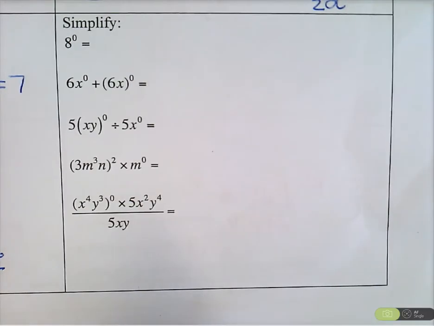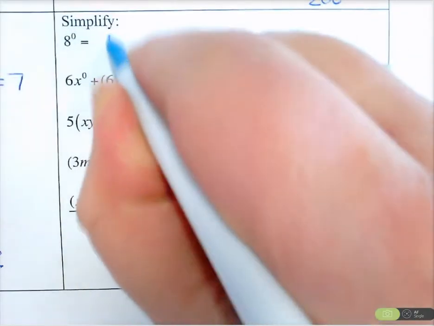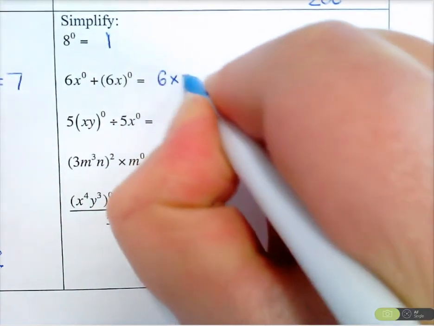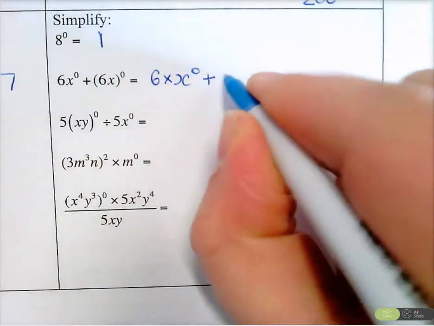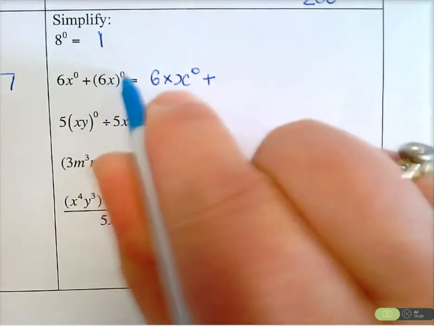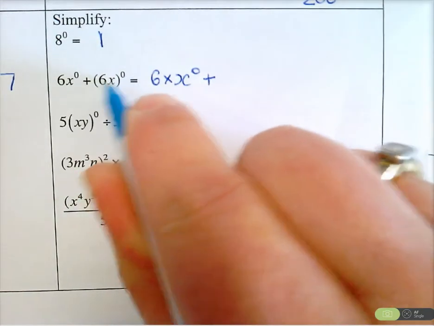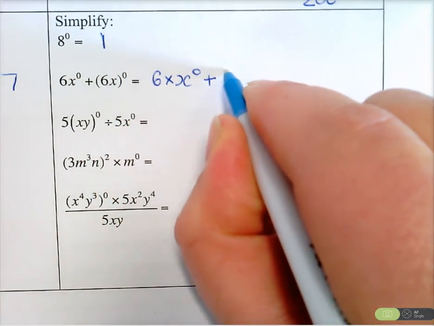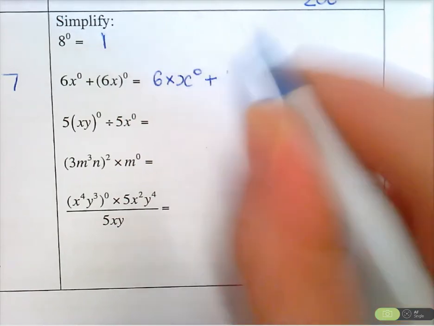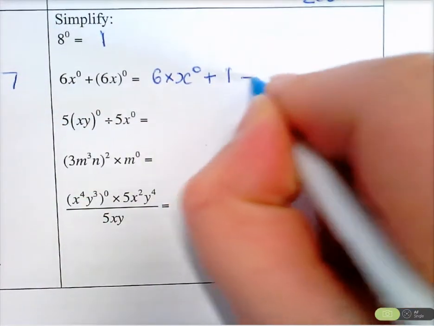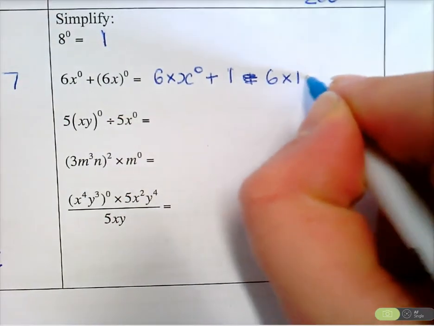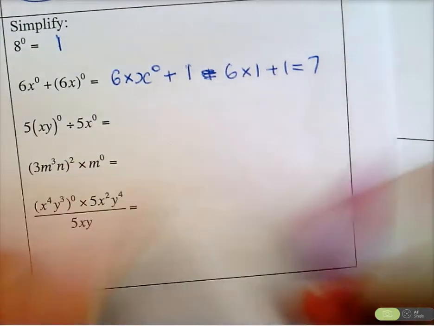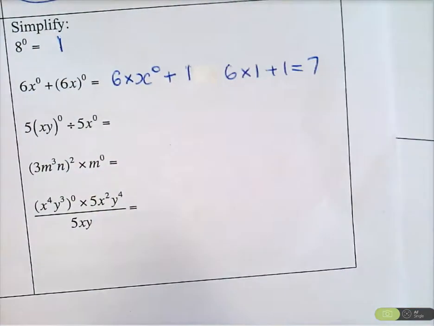To the power of 0. This is 6 times x to the 0 plus, girls, what's this bit? All of that to the power of 0 is what? Plus 1.